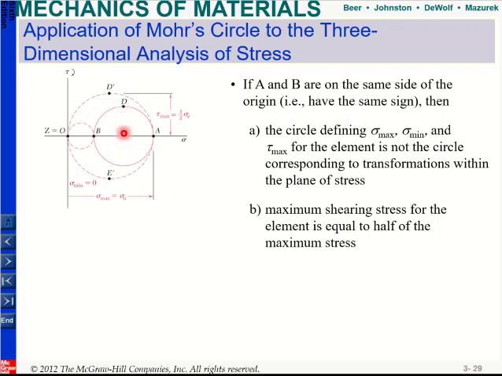But if you want to find your absolute maximum shear stress, what you need to know is this distance from 0 to D prime. Since this is 0 and this is my sigma max, all I need to do is, the shear is equal to 1/2 of sigma max.